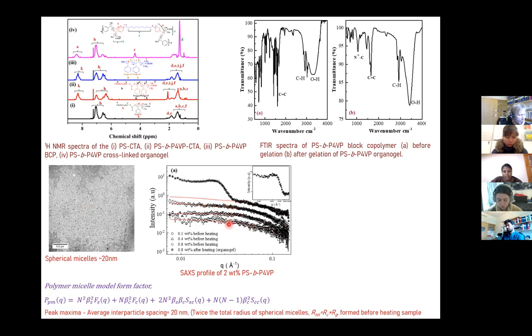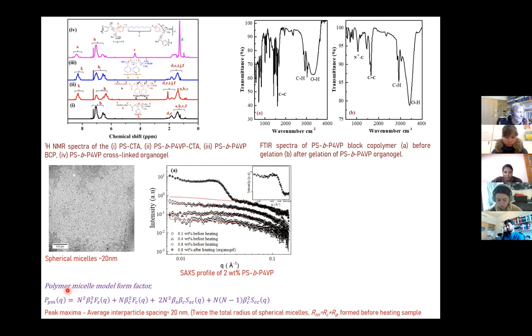Whatever you see at the bottom are the 0.1, 0.4 and 0.8 weight % samples without heating, but with the crosslinker DBD in it. Whereas after heating, this 0.8 weight % sample has developed some spectral correlations. So some kind of structural ordering is developed.